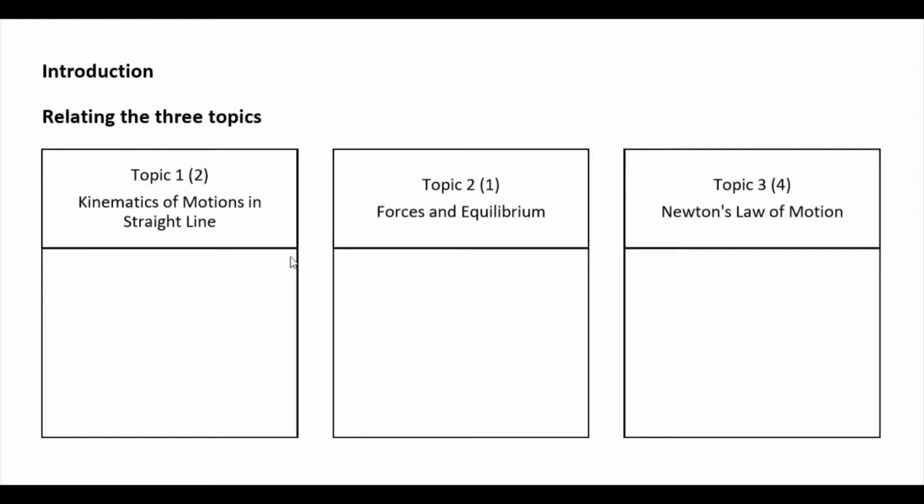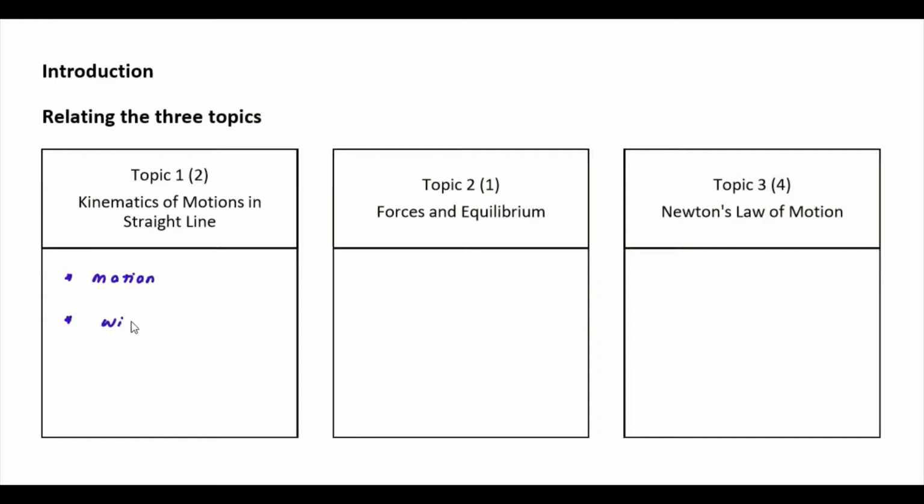When we talk about topic one, I always tell you that we are only focused on the motion of the particle. We are only interested in how far the particle moves, how fast it moves, the rate of change of its velocity, the acceleration, and so on. In this chapter, we are not interested in what actually caused the motion.